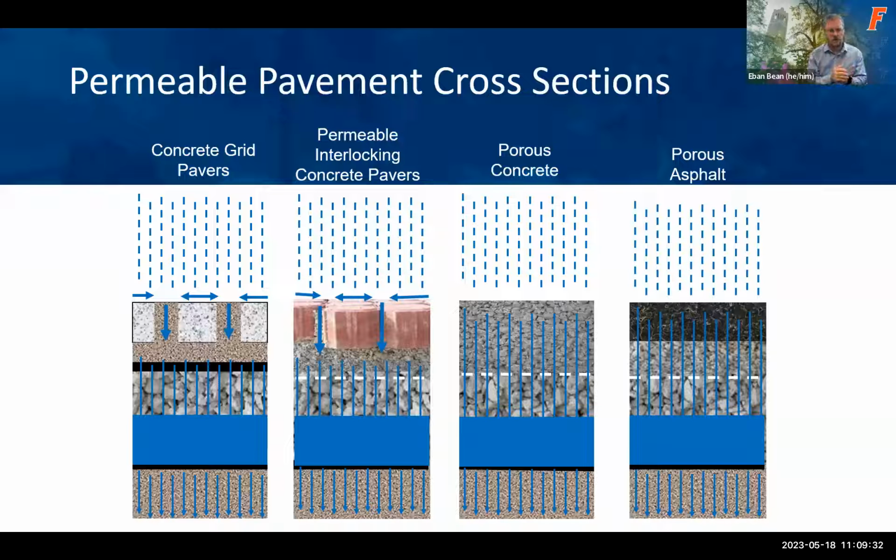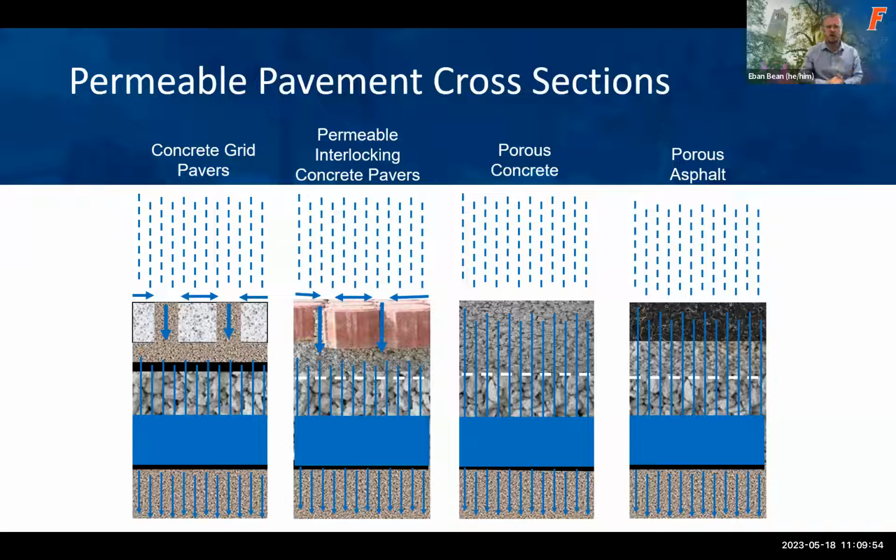Concrete grid pavers are oftentimes the lattice blocks that you might find at home stores that you can lay down, made out of concrete, probably about that wide by that long. And so in these cases, the concrete grid pavers could be either filled with sand or a pea gravel, and we call that a bedding material.